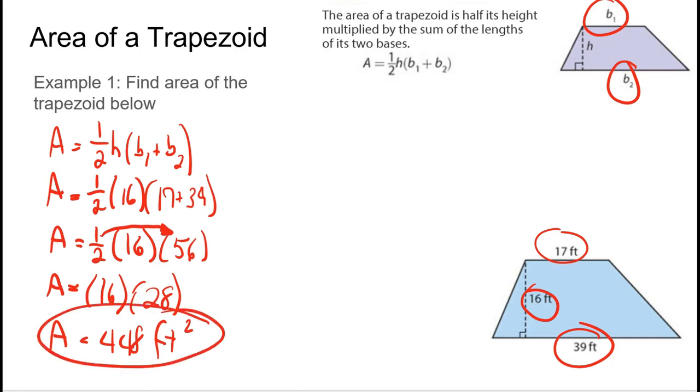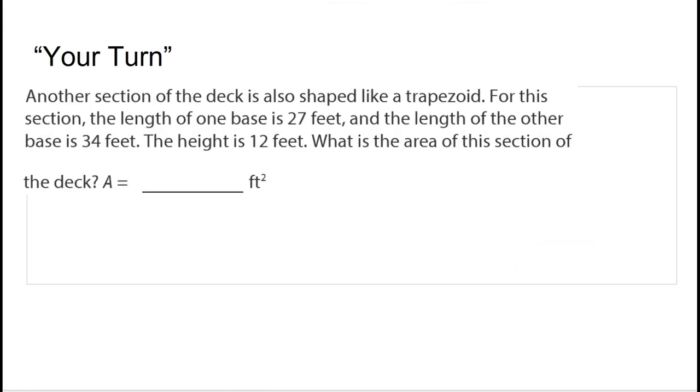Okay, so it's basically the same thing. It's just being able to recognize what the different parts of the trapezoid are, which are the bases, which is the height, and then being able to do the math. So if you understand that, again, pause it, go on to the next problem, try it on your own before you watch me solve it.